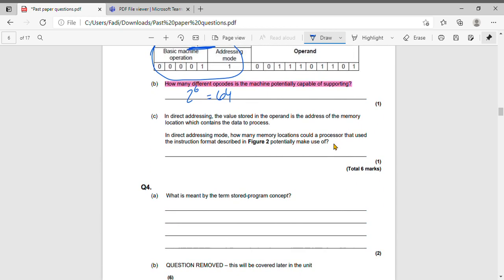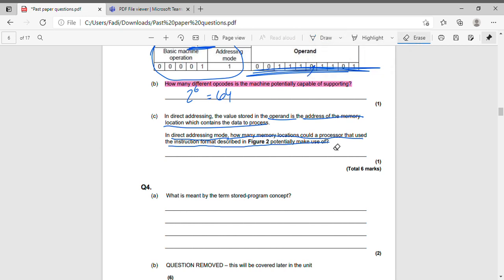Indirect addressing, the value stored in the operand is the address of the memory location which contains them. In direct addressing mode, how many memory locations could a processor that uses the instruction format use? Okay, so we're taking a look at the operand here.